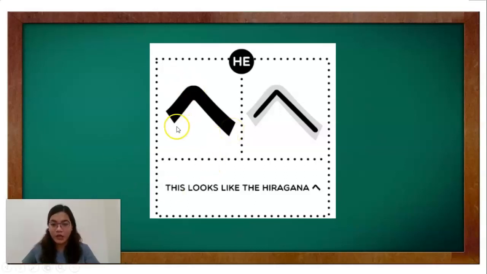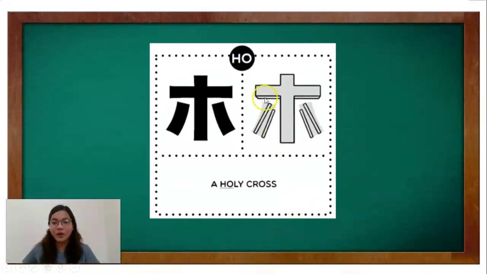So if it's curvy, you use it as hiragana, but if you have this edge, it looks katakana. Okay? Next, ho. Just think of a holy cross. Ho as in holy cross.